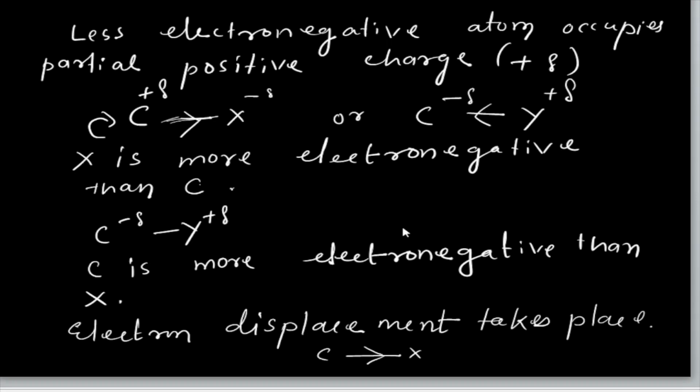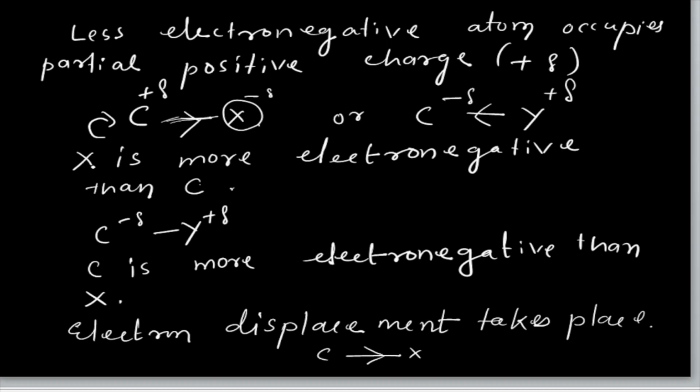Here you can see C is delta positive and X is delta negative. Delta means partial. In this first case, X is more electronegative, so the arrow mark is towards X. If C is more electronegative, the arrow mark is towards C, which has the partial negative charge. Are you clear? The arrow mark is always towards whichever is more electronegative.